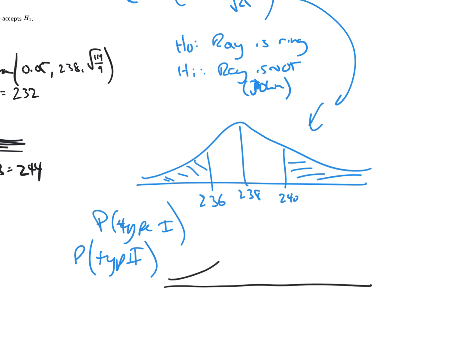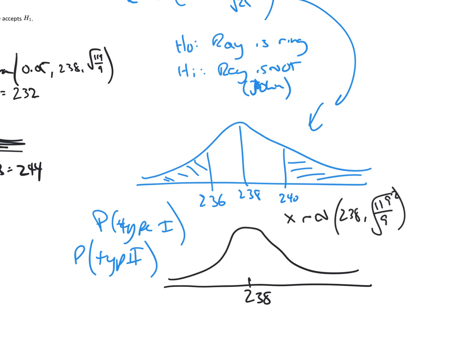I'm testing this one here of 239 with my 119/9. This is the one that I am testing of Ray between 236 and 240. And the type 2 area is failing to reject, which is this area in here.